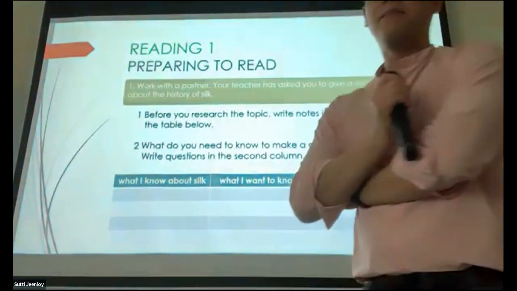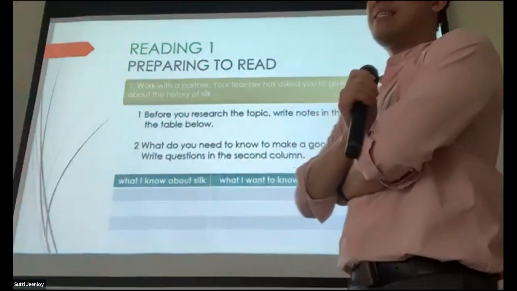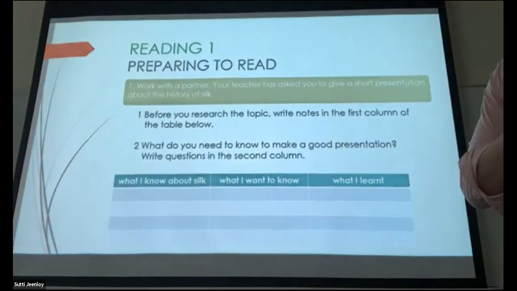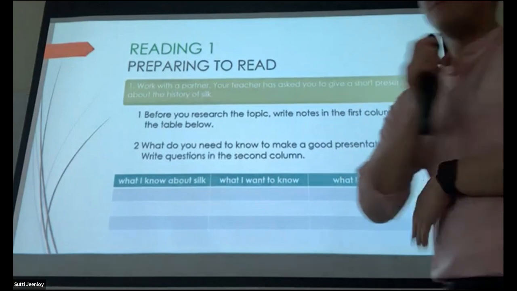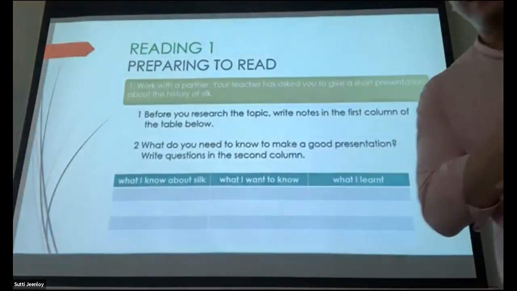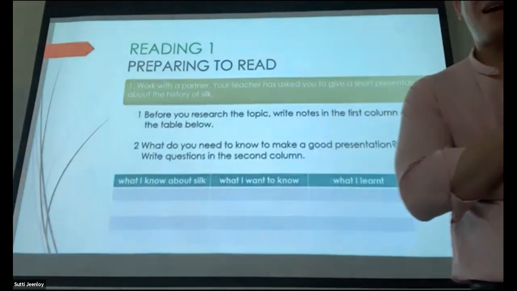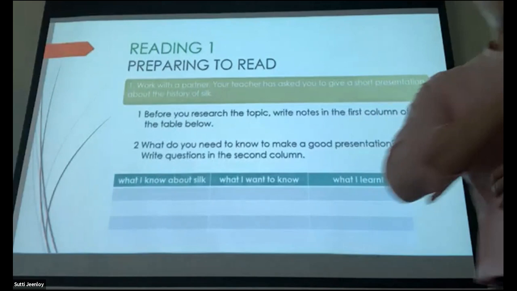It's called a cocoon, right? Ever heard it? Cocoon, C-O-C-O-O-N. Cocoon means silkworm nest.